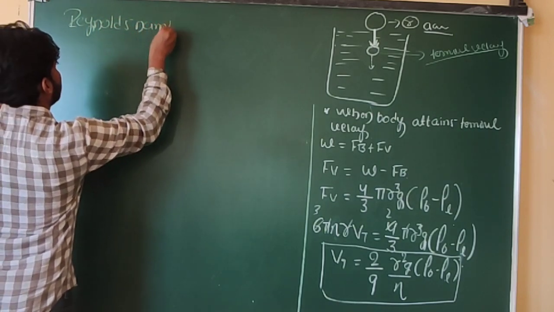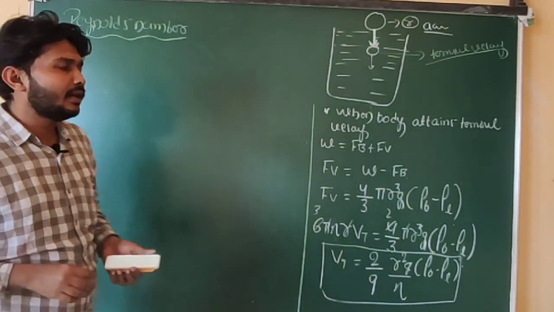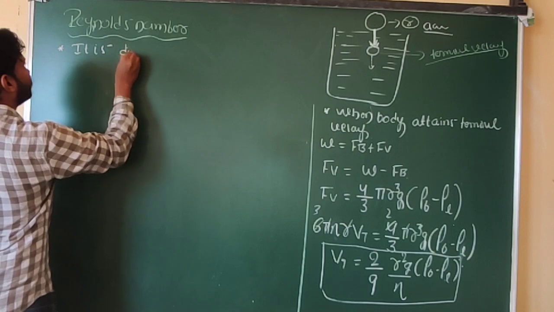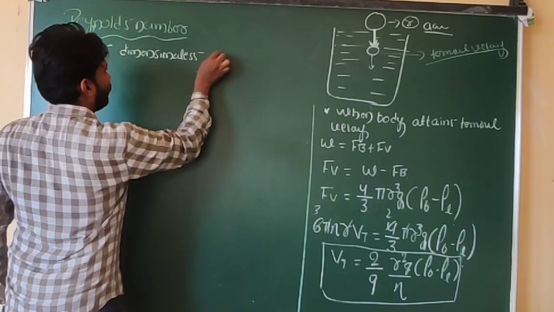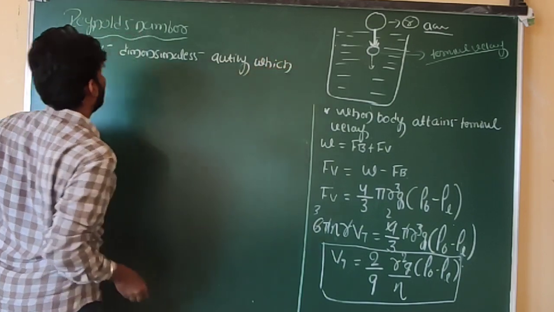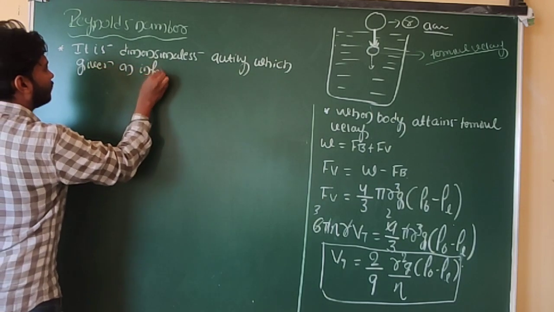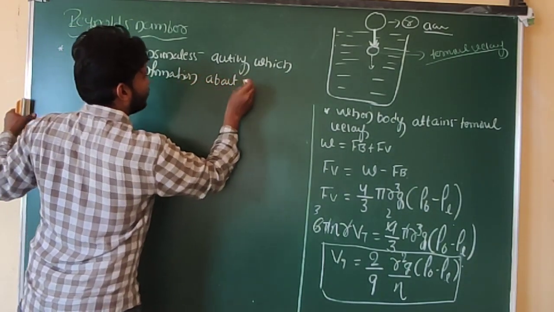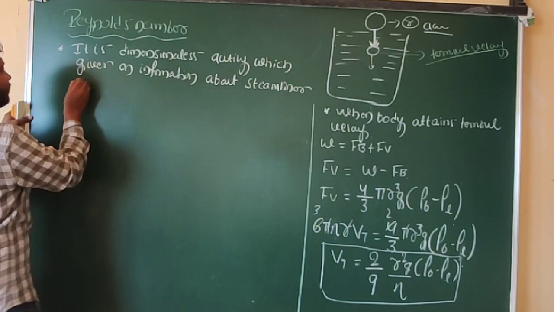Reynolds number is a dimensionless quantity which gives information about streamline and turbulent flow.